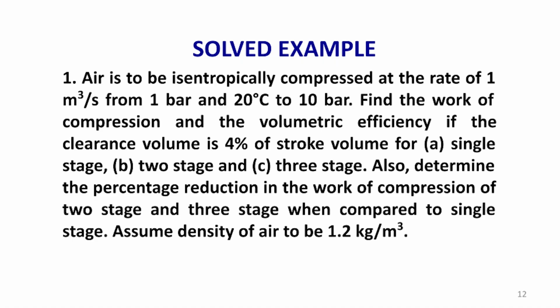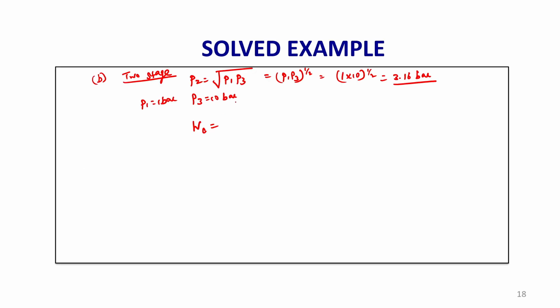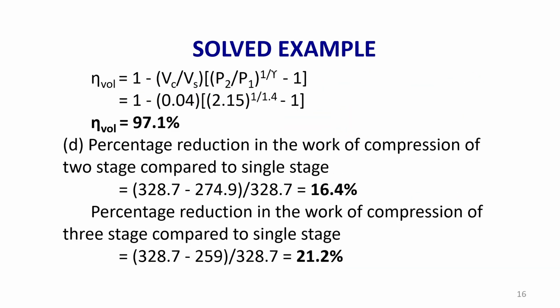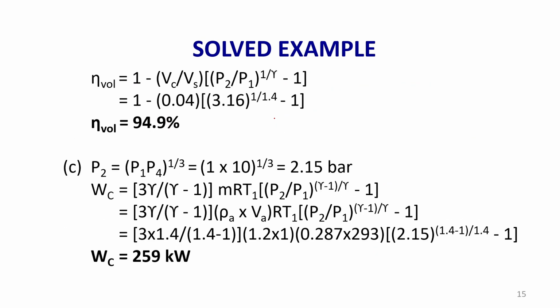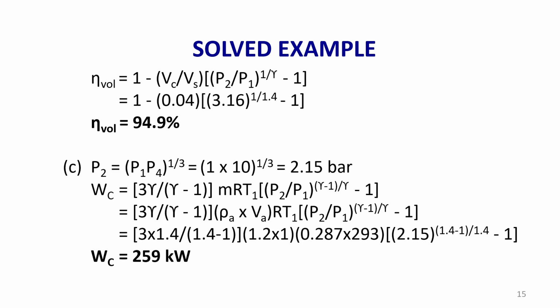So Wc equals, substituting N equal to 2, 2 into gamma by gamma minus 1 into mRT1 into P2 by P1, P3 by P2.